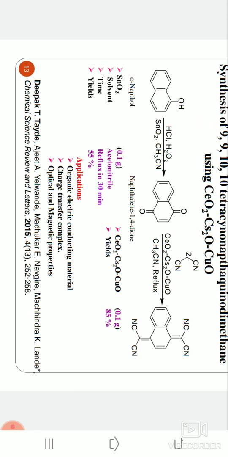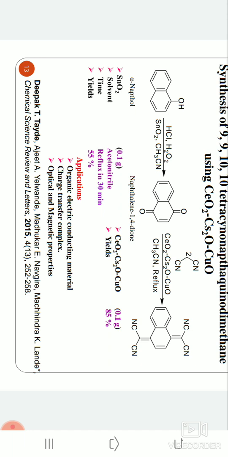Alpha naphthol is reacted with SnO2 metal oxide in the presence of HCl and H2O2, using acetonitrile as a solvent, at short reflux for 30 minutes to get a 55% yield of the intermediate naphthalene 1,4-dione.